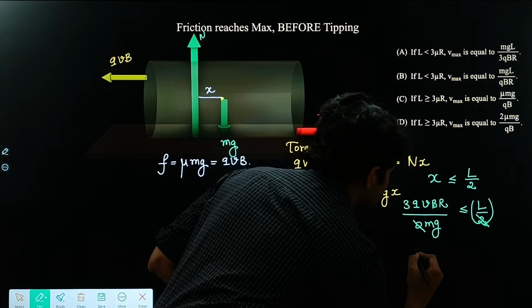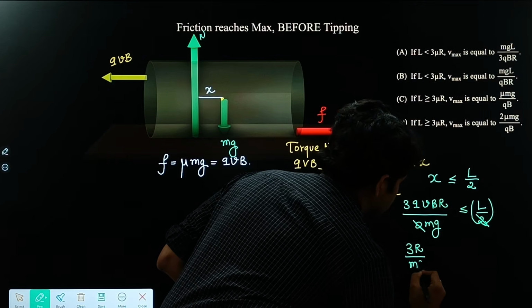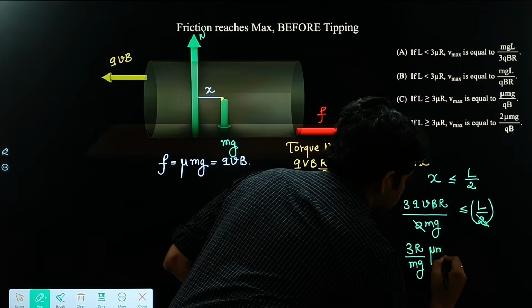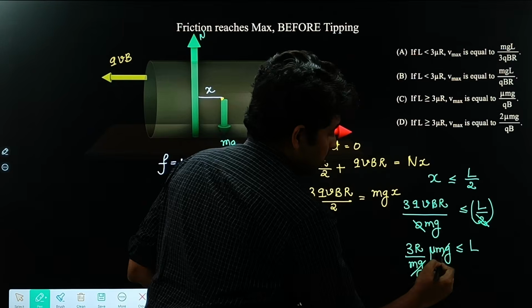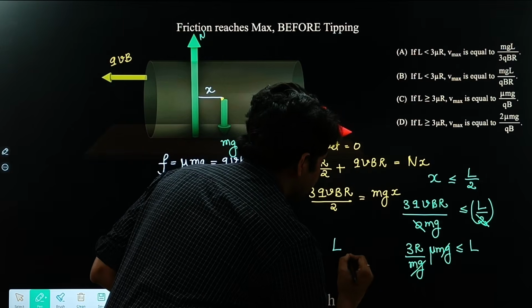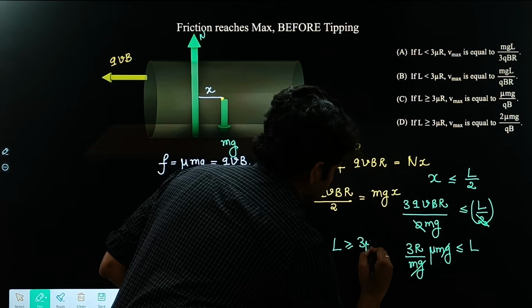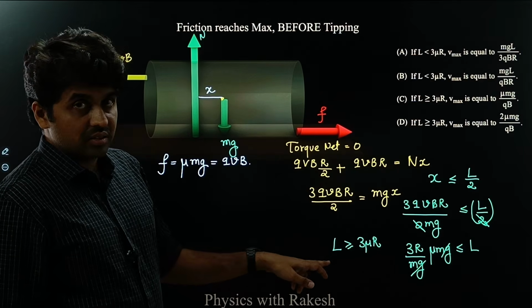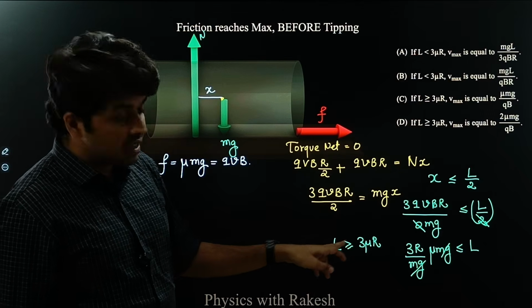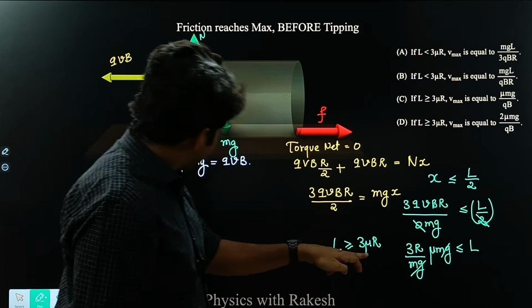So 3R by mg into mu mg is lesser than or equal to L. mg cancels and we get the condition L greater than or equal to 3 mu R. So this case corresponds to L greater than or equal to 3 mu into R. And what is the maximum speed?